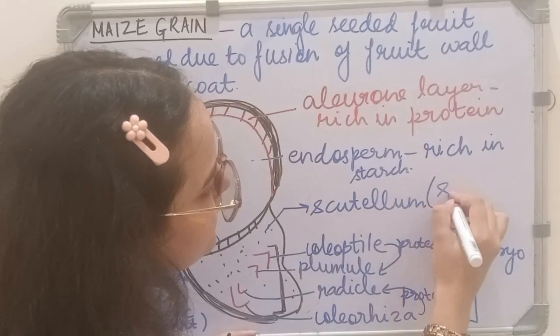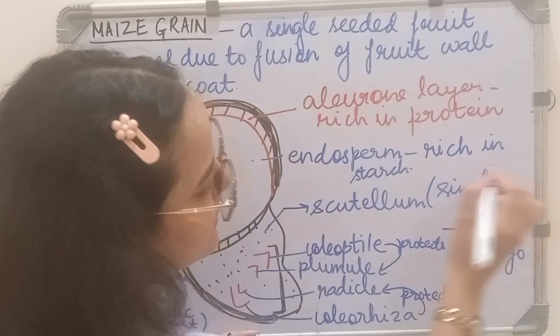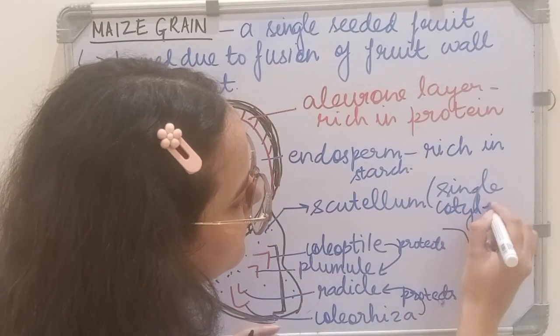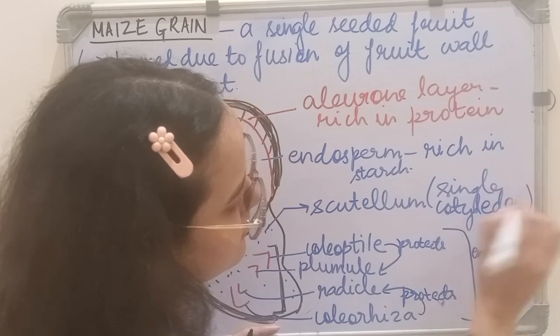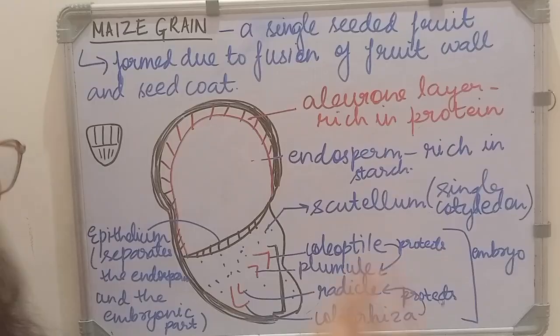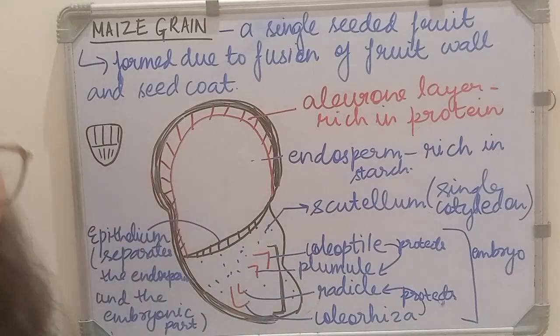It is the single cotyledon present in the maize grain. So just remember all the labelings and the functions of each.